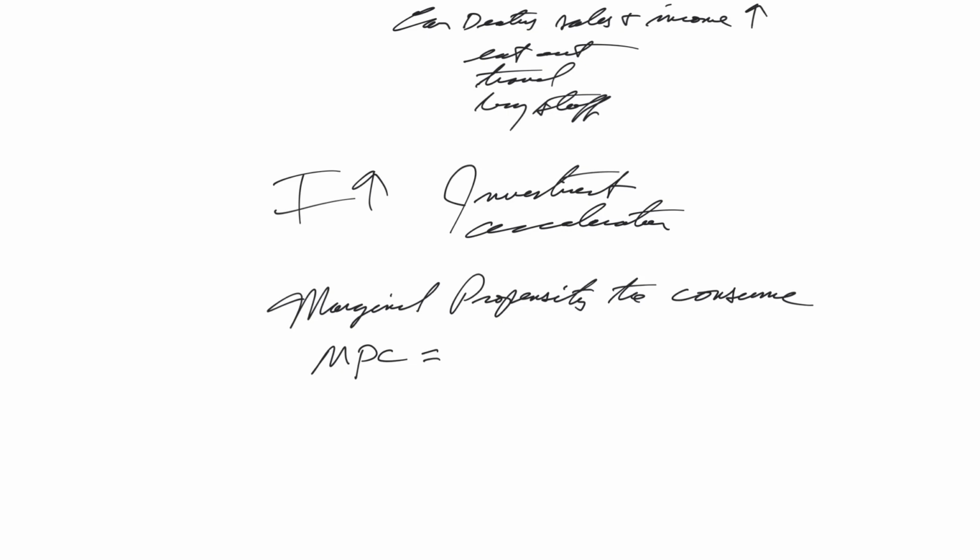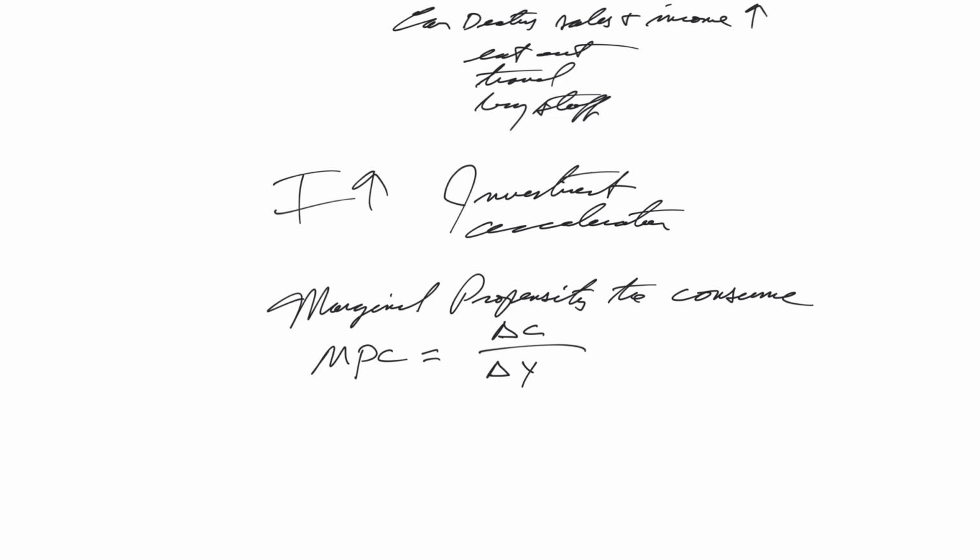The marginal propensity to consume is simply the change in consumption divided by the change in income. Remember, Y is income. We can't use I because I is investment. So Y is income.